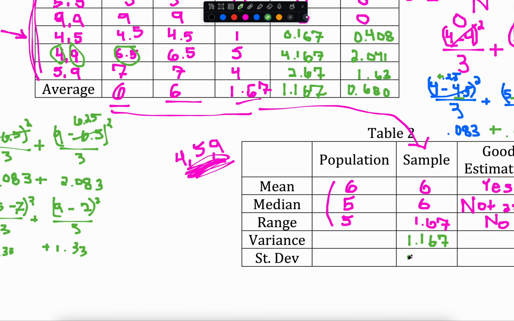Okay, 0.680. Now we've got to do the variance and standard deviation for my whole population, and then we're going to compare.